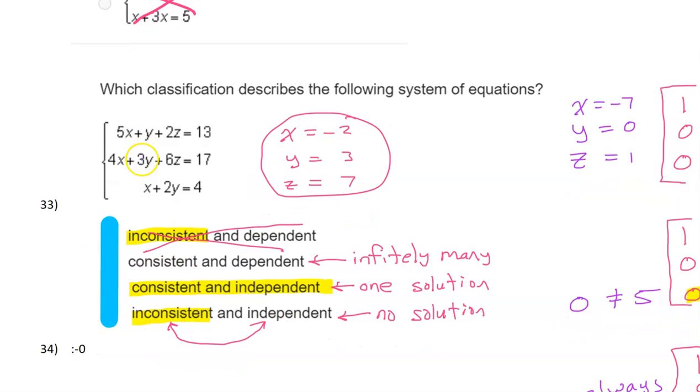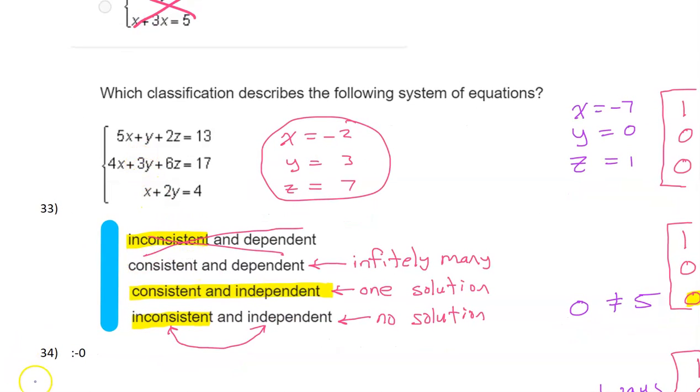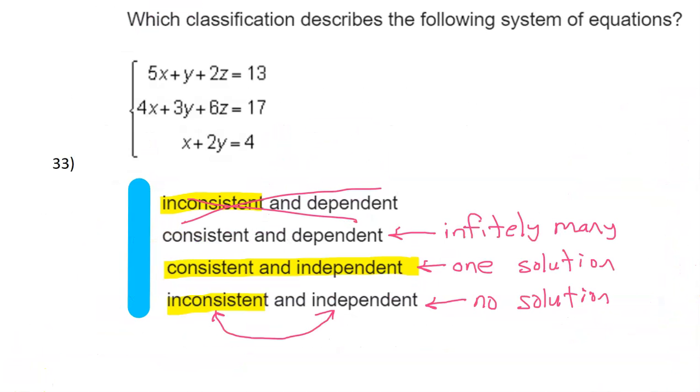So first of all, let me create some space. The coefficient matrix here is 5, 1, 2, and then we have the 13. Okay, so I'm kind of drawing a line here. And then we have 4, 3, 6, and then 17. Got to be careful here. We're missing the z.